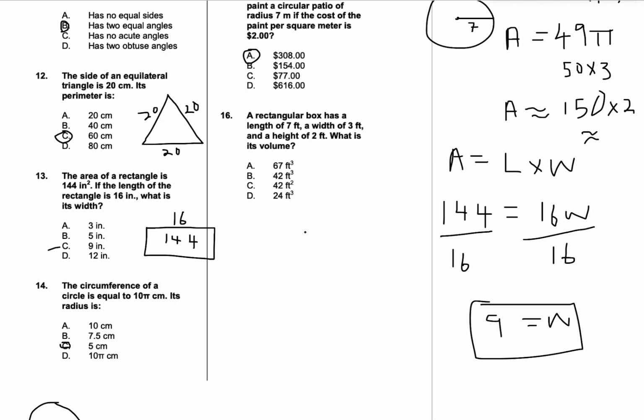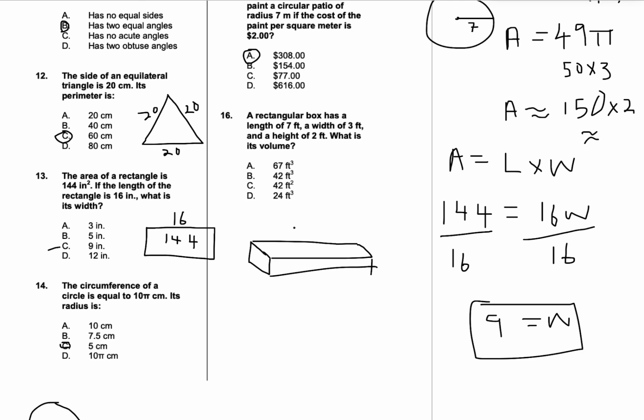Okay, and then 16 says a rectangular box has a length of 7 feet, a width of 3 feet, and a height of 2 feet. What is its volume? So this is a three-dimensional problem. When I look at something like this, what comes to mind would be something like this. And I can't draw to save my life, so you guys do have to forgive me.